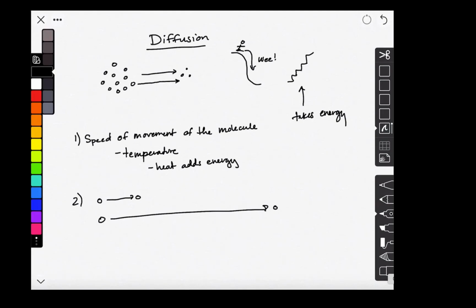You can think about if a tissue is very small and narrow, a molecule of oxygen can diffuse across it very easily. But if the tissue is very thick, then that molecule of oxygen is going to have to go a much longer distance. And a lot of what you'll find in physiology is that you're trying to reduce that distance of diffusion so that it happens a little bit faster.